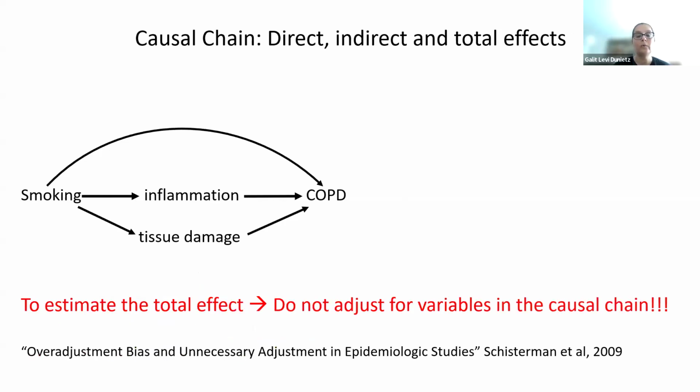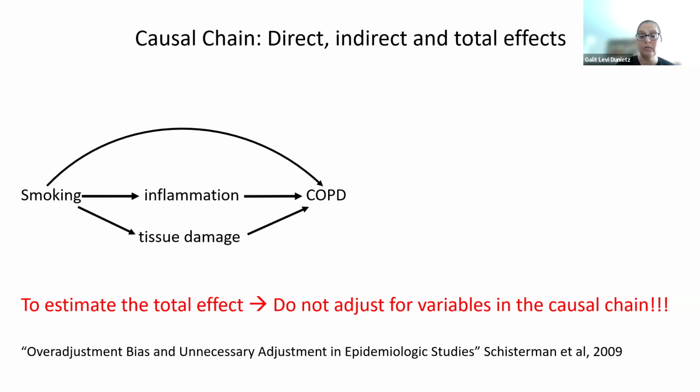And when we want to estimate the total effect between smoking and COPD, we're not adjusting for any variables in the causal chain, which means when we fit a regression model where COPD is the outcome and smoking is the predictor or the exposure, we do not include inflammation and tissue damage because that would bias the results.